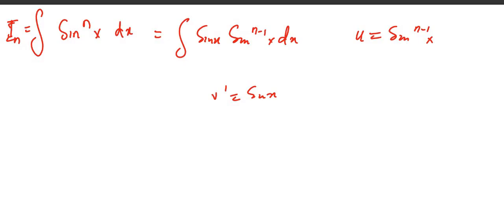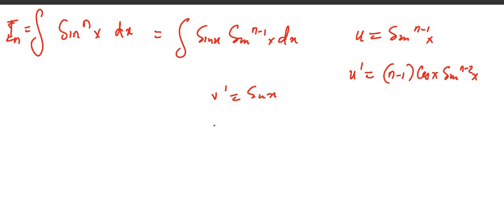Then here we're going to look for the derivative of this, so we're just saying u prime. Using chain rule, we bring down the power, that's n minus 1. Differentiate sine, the answer is cos. Then write back this minus 1. This will be sine n minus 2 of x. Yeah, that's what we get.